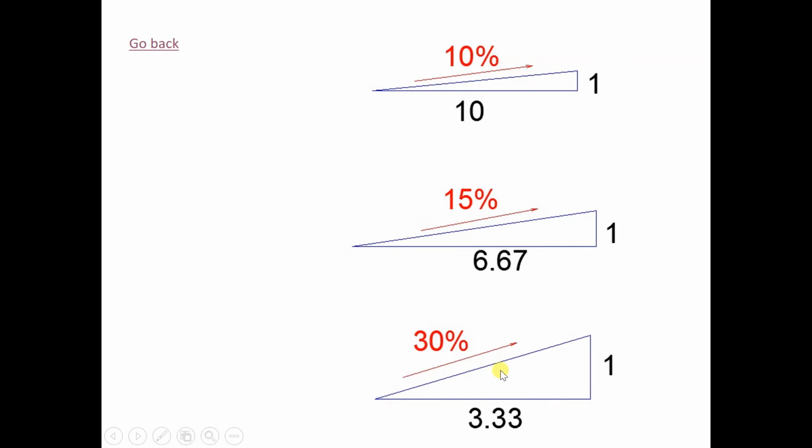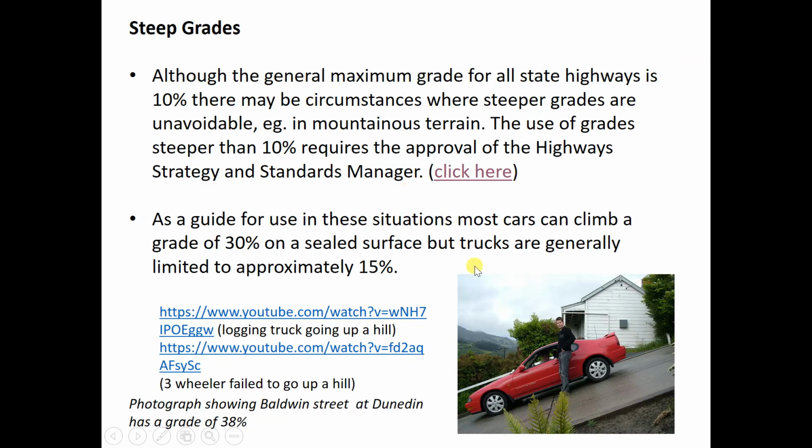So these are the percentages in relationship with the fraction. Some rules of thumb are that cars can go up a 30% slope, and trucks are generally limited to 15%.